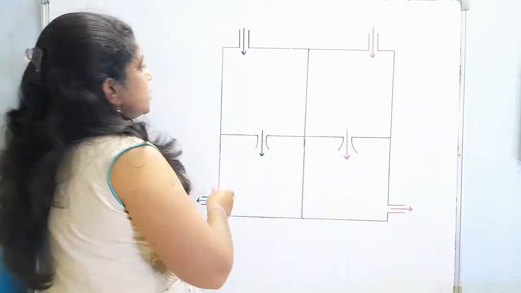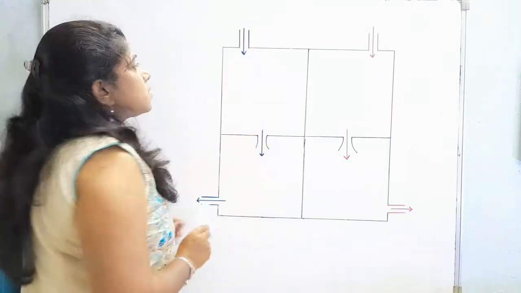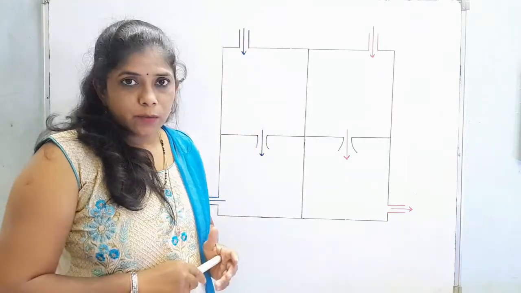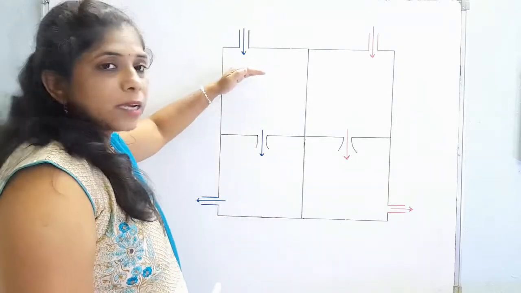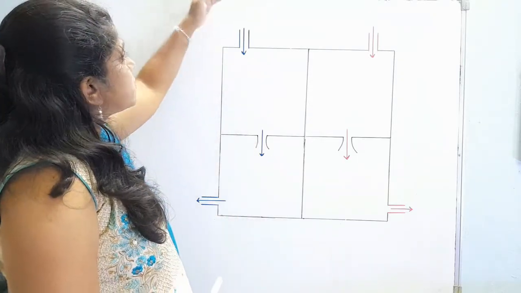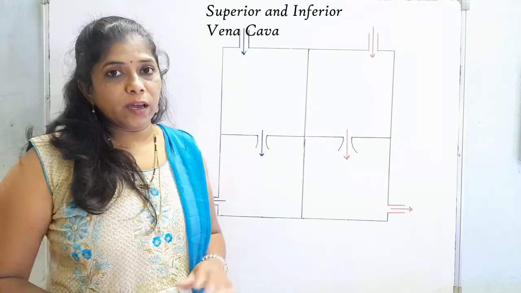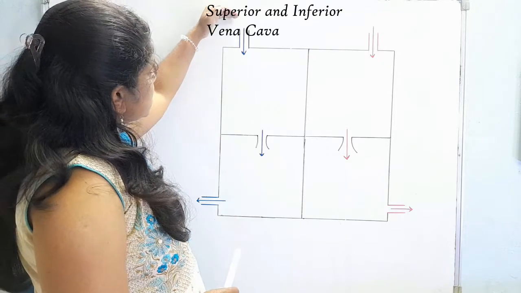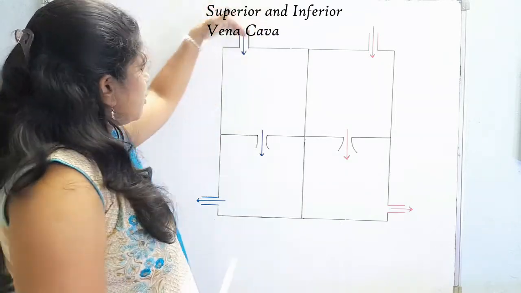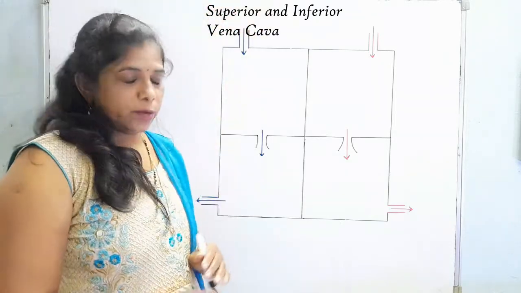Okay, so here from this, the deoxygenated blood from the entire body comes to this right atrium from superior and inferior vena cava. These blood vessels brings the deoxygenated blood from the entire body to this right atrium.